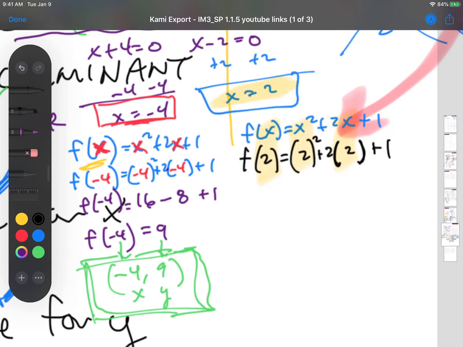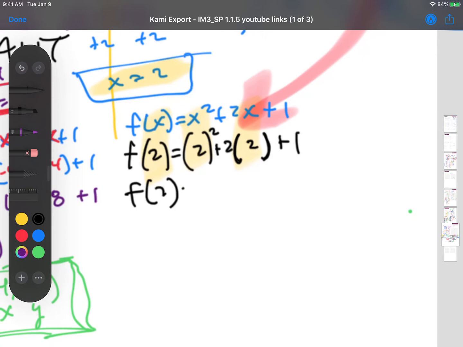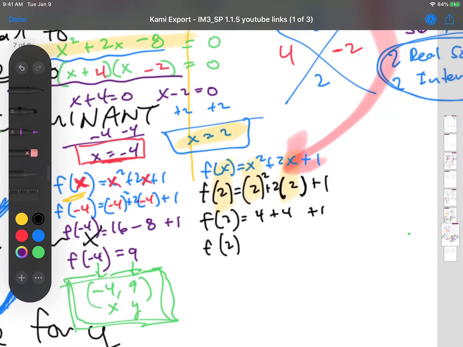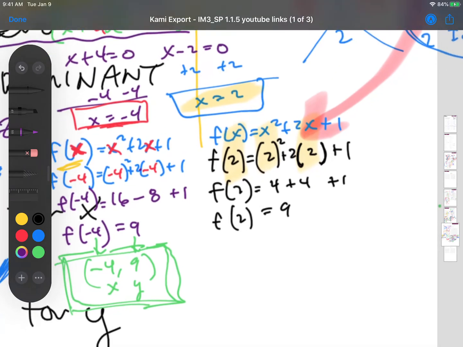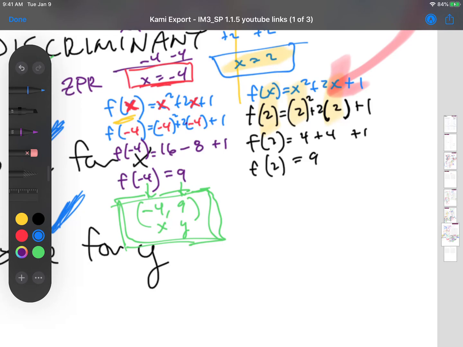And then we just go back and simplify. f of 2 equals 2 squared, which is 4. 2 times 2 is 4, plus 1. So you're going to get f of 2 equals 9. So my ordered pair we're going to get is 2, 9.